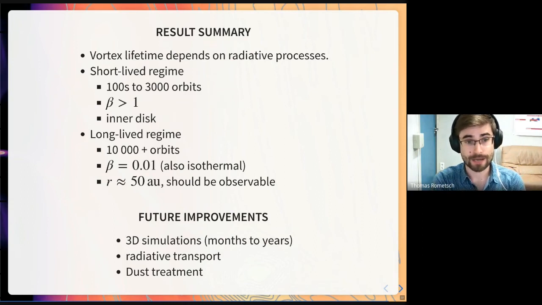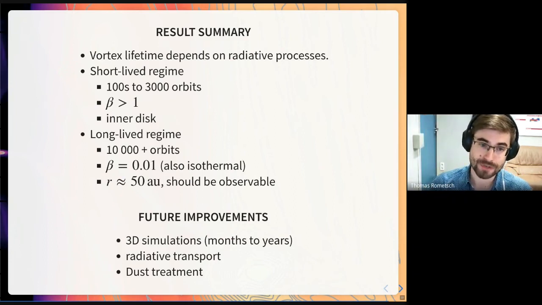I ran one at lower resolution here, right? You add an extra dimension. I ran one of the 3D simulations, and this lived even longer as compared to the corresponding 2D simulation. So there's even more at play, but 3D effects are certainly important. Then it would be good to treat the radiation more properly with proper radiative transport.